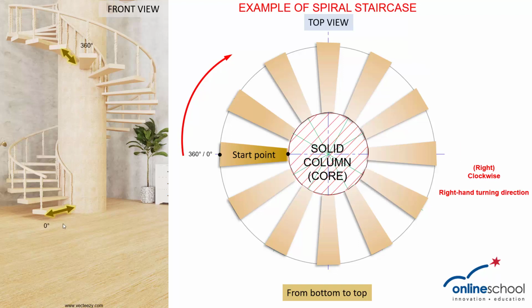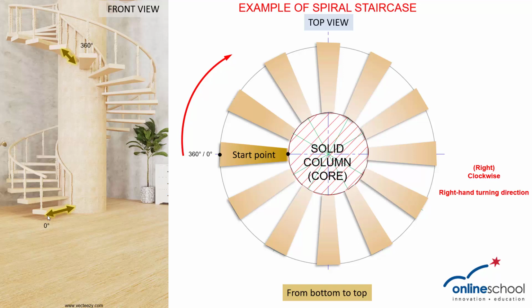Here I've illustrated the width of the steps, and it comes from the inner diameter to the outer diameter. Now these diameters will be provided to you, so we will tell you what the diameter of the core or the column is.